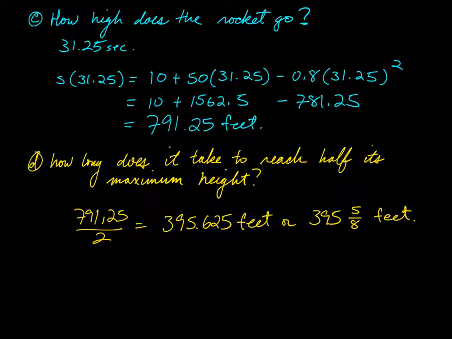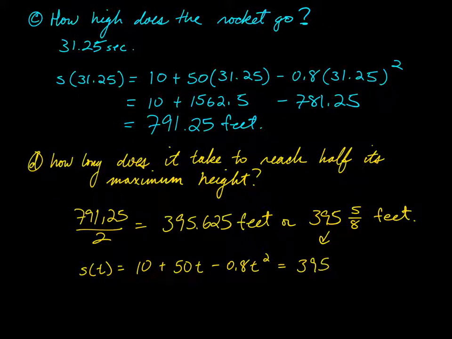Now that we have this as half of the height, we can take the position function, s of t equals 10 plus 50t minus 0.8t squared, and set it equal to 395.625.